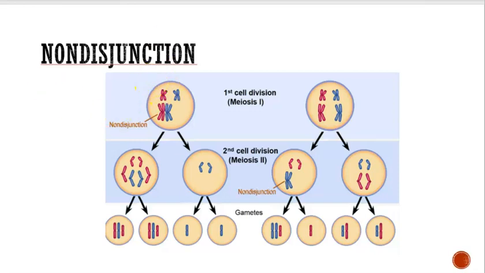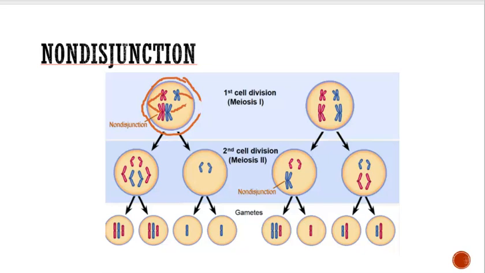So what happens if we look at this first image here? We have a cell with a set of small homologous chromosomes and a set of large homologous chromosomes. Typically, spindle fibers reach out and make connections from either side, and during anaphase, homologous chromosomes would be pulled apart.